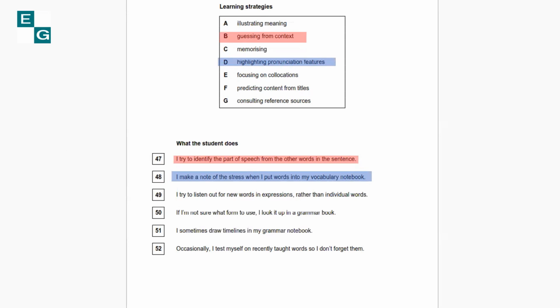Then, if the student says, I try to listen out for new words in expressions rather than individual words. Students, in this case, are going to be focusing on collocations.